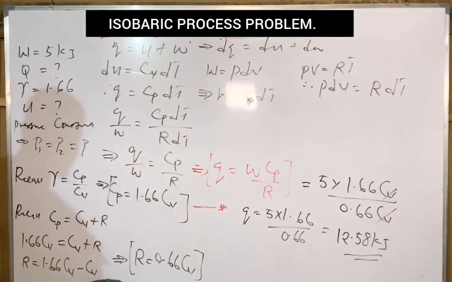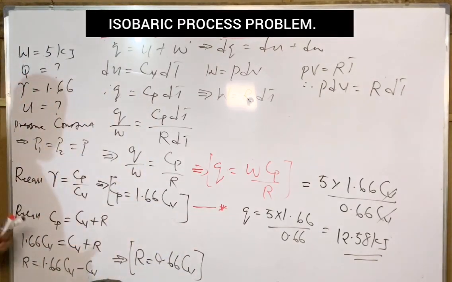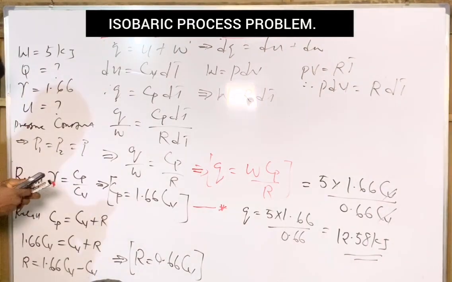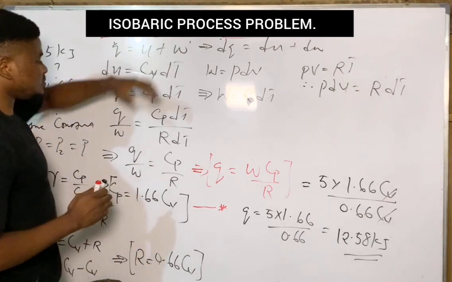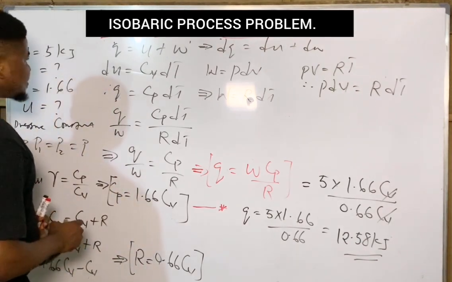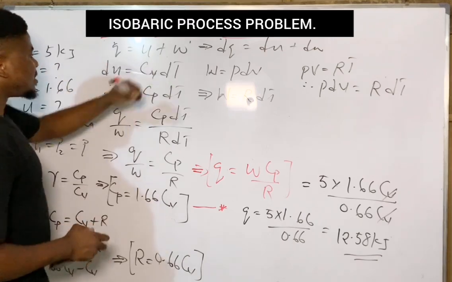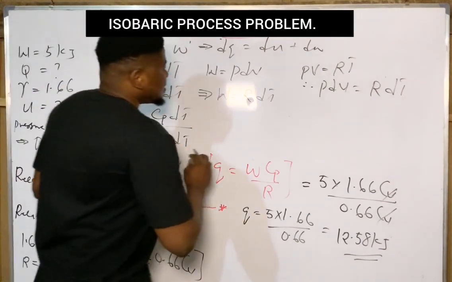Now, having found the heat, the next question says we should find the amount of this heat that is used to raise the internal energy of the gas. So basically we have to find the internal energy. You fall back now to the basic equation, which is the non-flow energy equation, Q equals U plus work done.